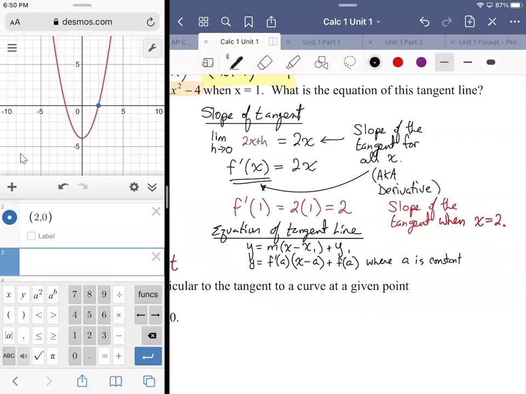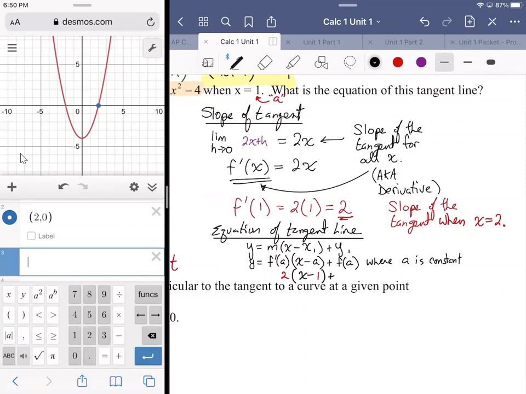So if I assume that the a value is equal to 1, so I would call this my a. F prime of a, we've already figured out, is 2. X minus that a value, so x minus 1. And on Desmos, just by visual inspection, we figured out that f of a, the y value when x is equal to a given number, was equal to 0.